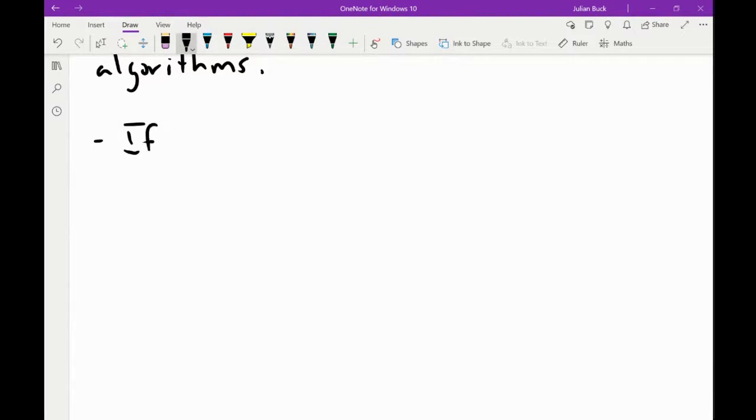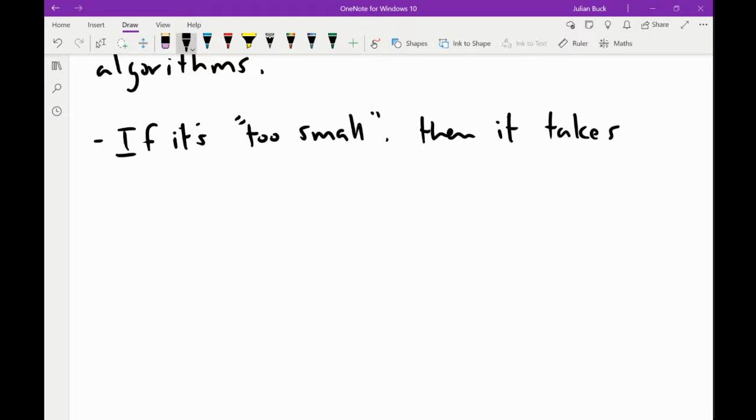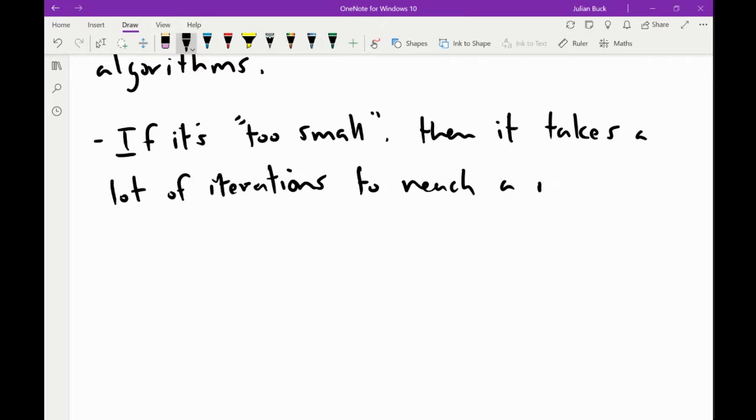Okay. So if it's too small in some appropriate sense, then it takes a lot of iterations to reach a minimum. And what's the problem with that?